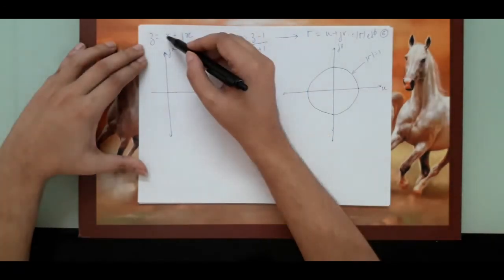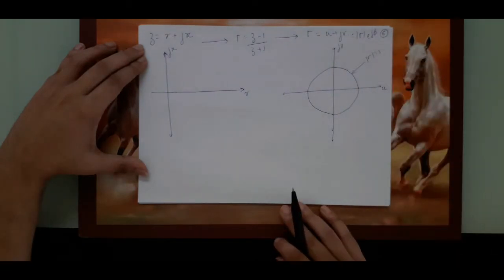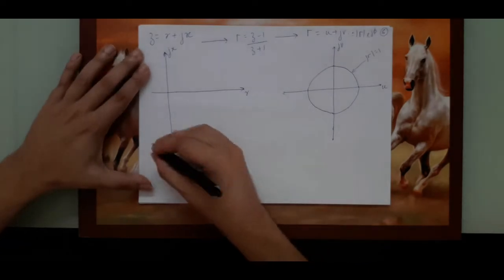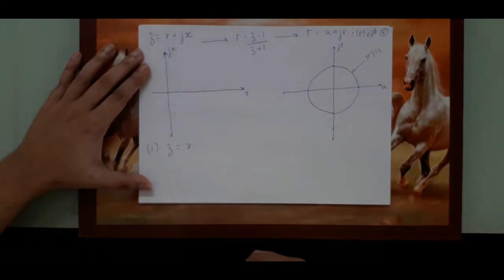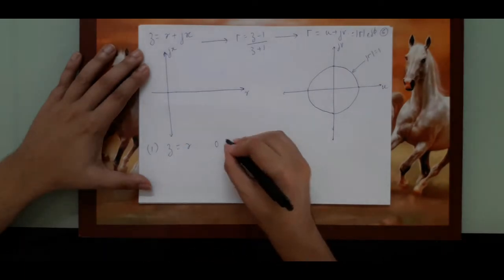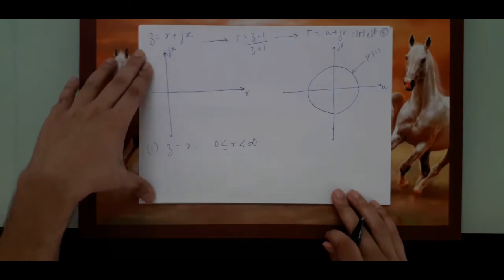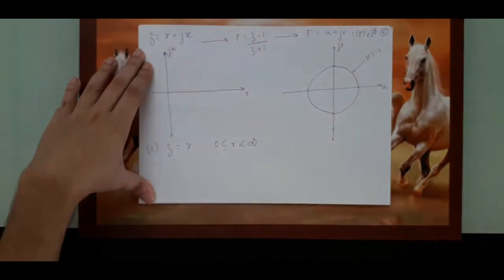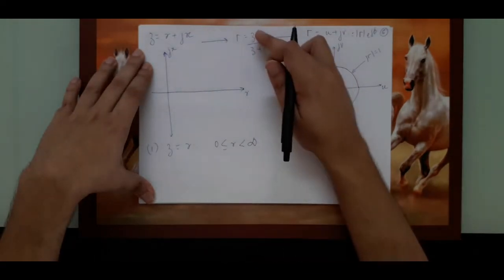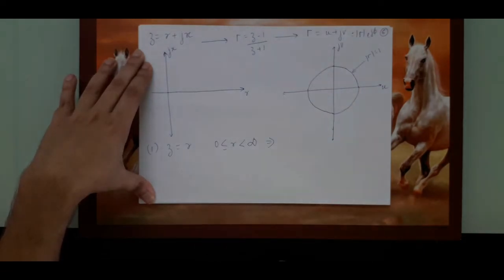So if my Z is real, what are the values which gamma can take? Let's take case 1. What is the possible value of R? 0 to infinity it can be. So what is the possible value gamma can take? The minimum gamma will be -1 and the maximum will be +1.